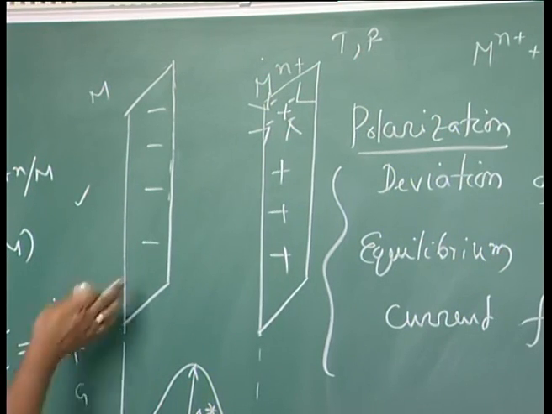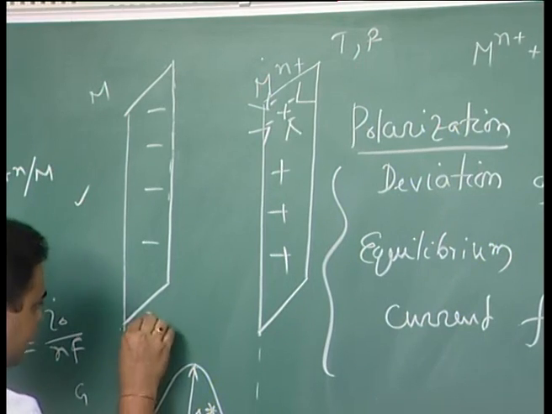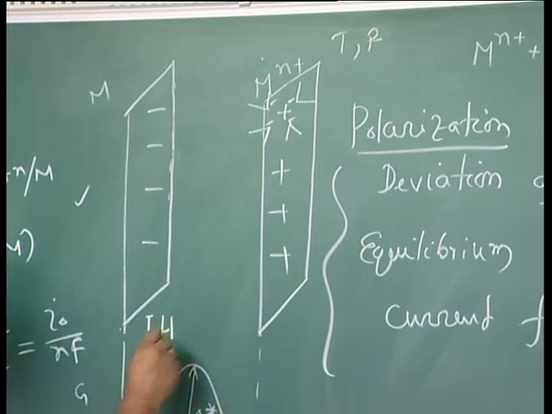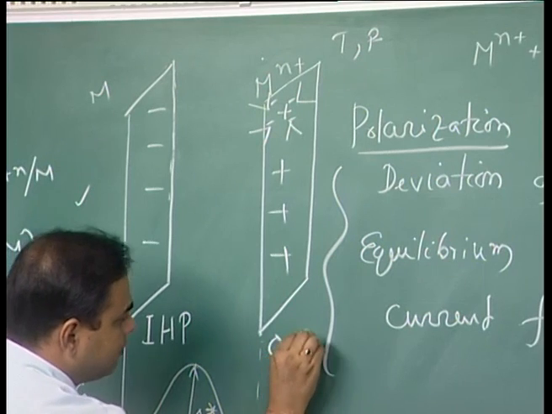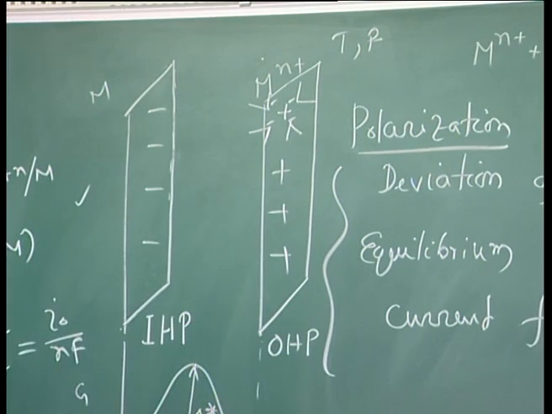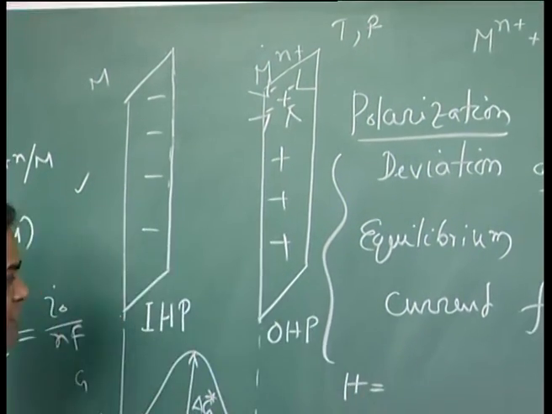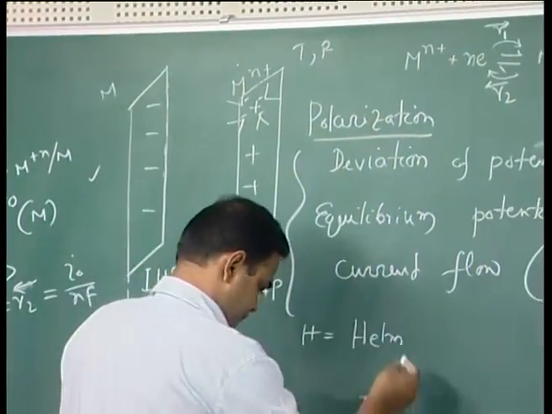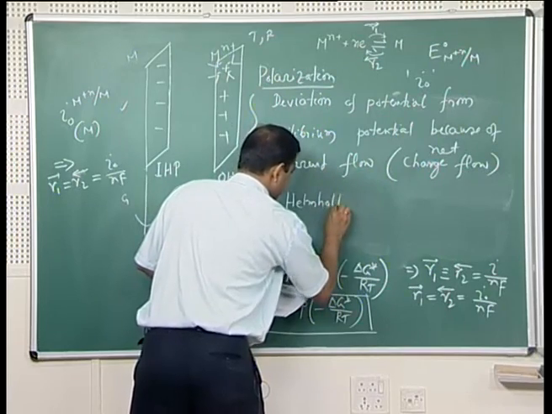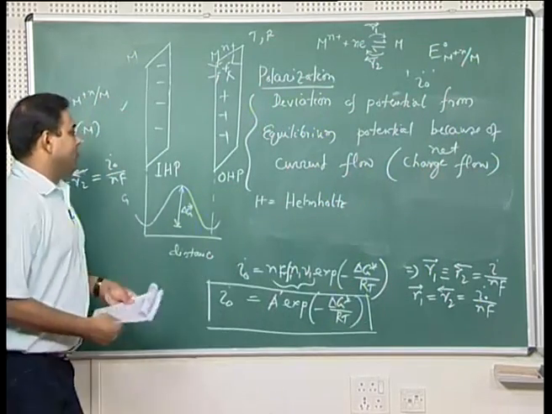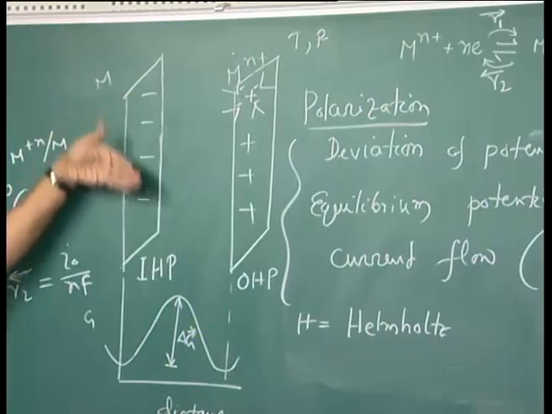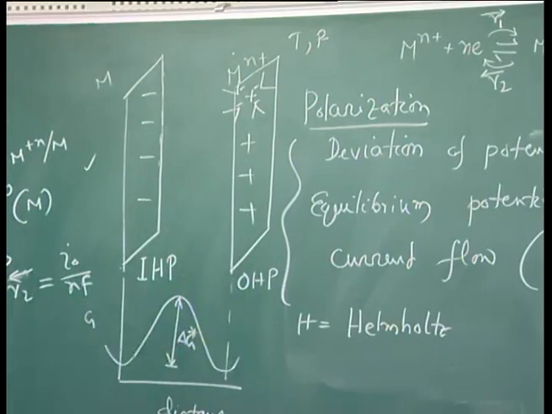This surface is called the inner Helmholtz plane, and this is called the outer Helmholtz plane.